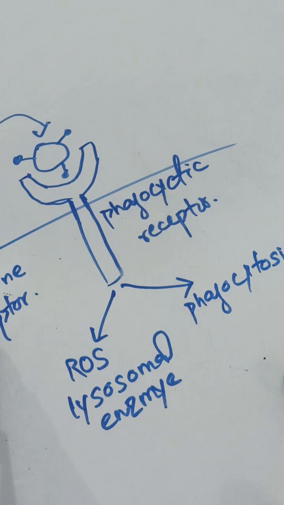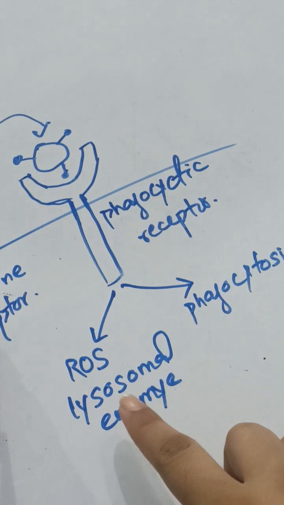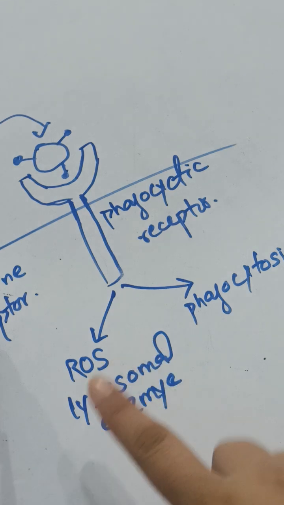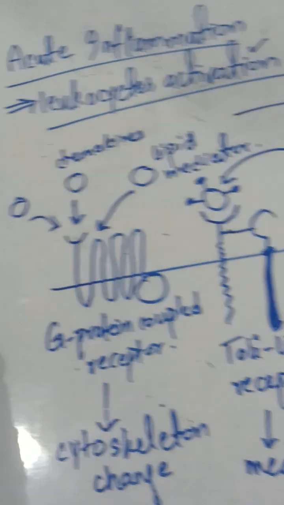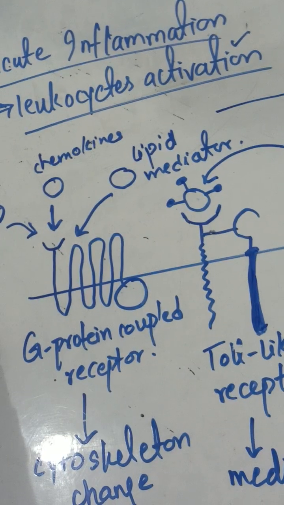It will digest the microbe and start the killing process. How this killing process occurs, we will also study: how ROS, reactive oxygen species, and lysosomal enzymes are produced, and how phagocytosis occurs here.